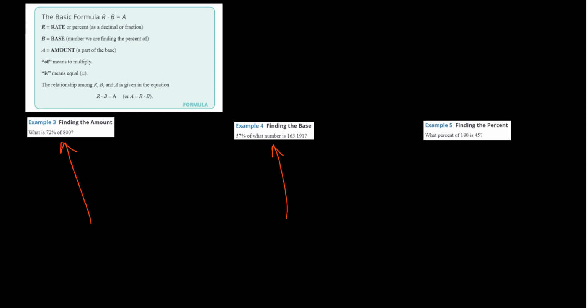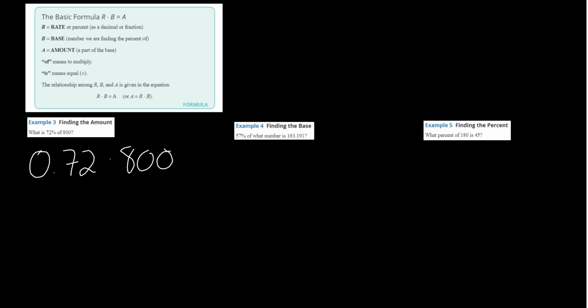So here's what I mean. Example 3 is asking, what is 72% of 800? Well, I know 72%, I'm going to put it in decimal form: 0.72 times 800. This tells me 72% of 800.